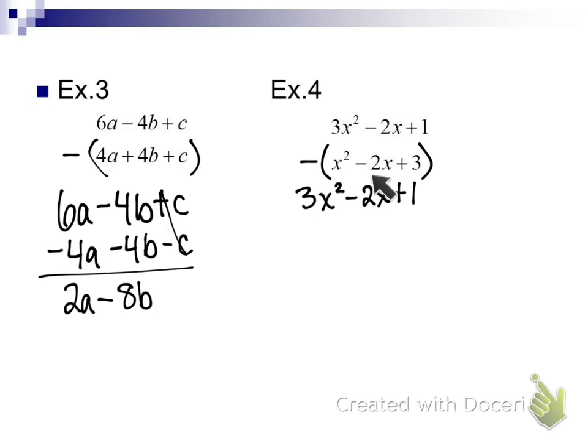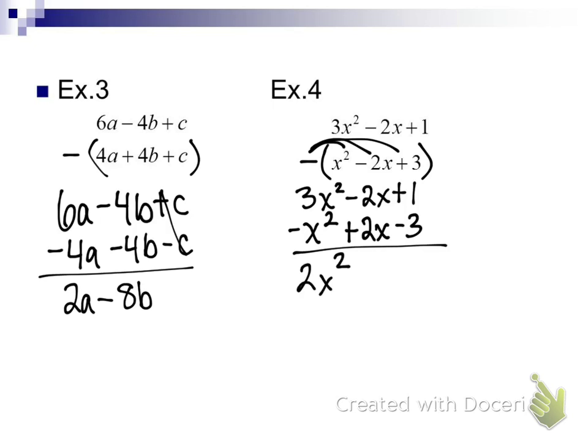What does the bottom polynomial become when we distribute that negative? Wonderful. Thank you. May, what do we get when we combine those? Beautiful. In this case, the positive and negative 2x's cancel out. We're left with 2x squared minus 2.